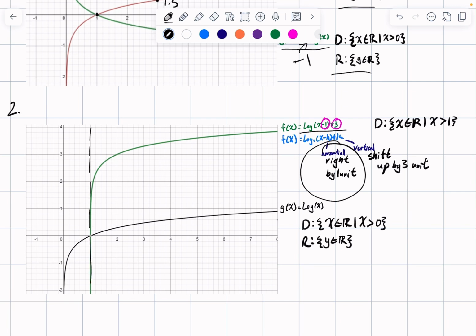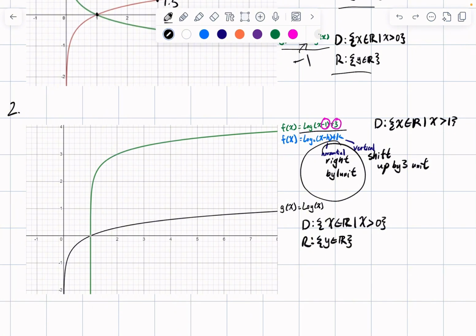In the original function it was 0, and then it got shifted 1 unit right. That shift means the new asymptote would be at 1. So that makes our domain x equal to the real numbers, but x must be bigger than 1.